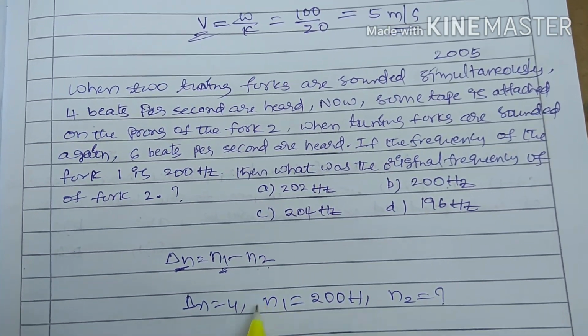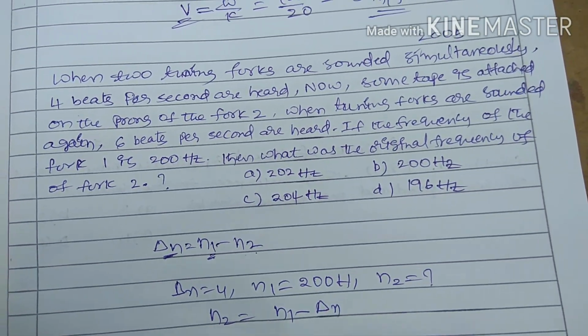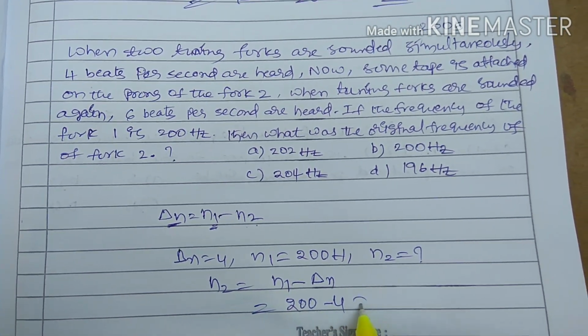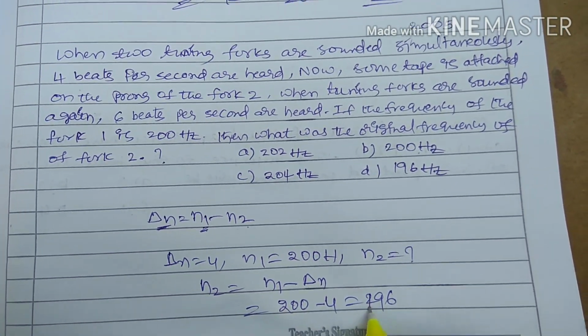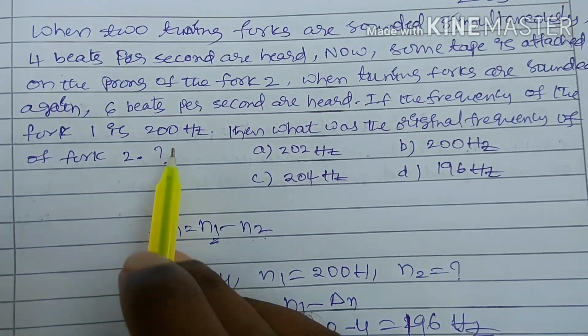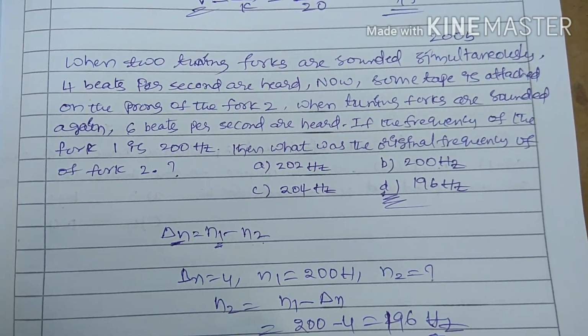Here n2 is equal to n1 minus delta n. So n1 is 200 and delta n is 4, which is 196 Hz. So n2 is equal to 196 Hz. So here option D is the right answer.